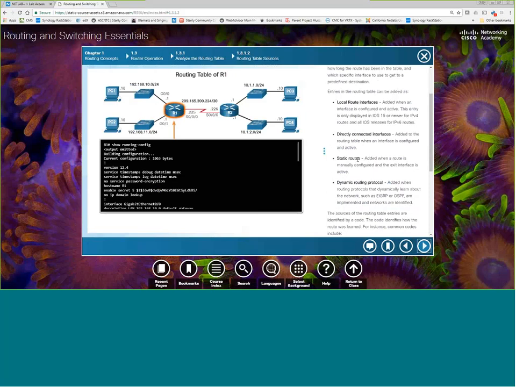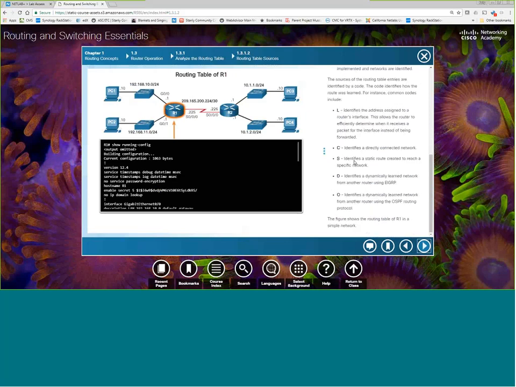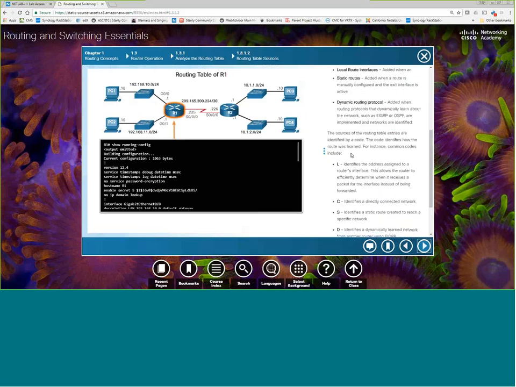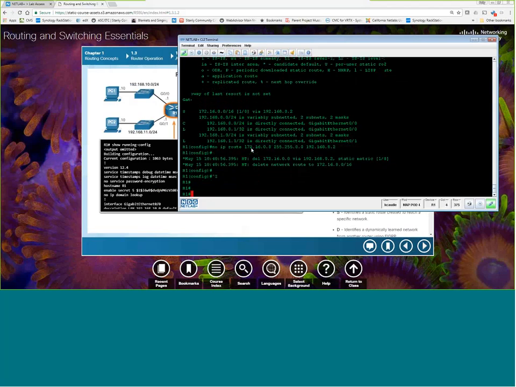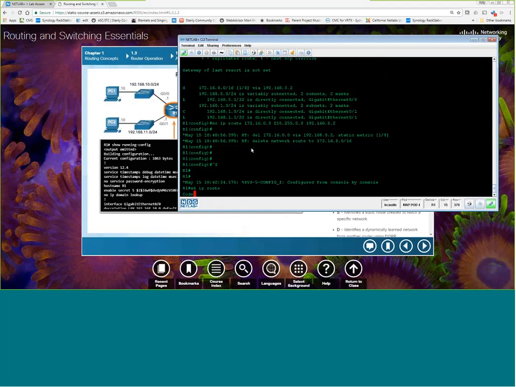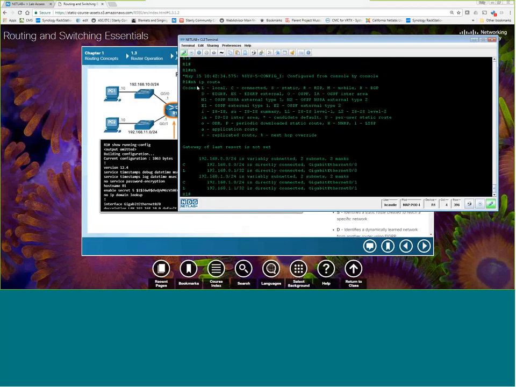Static routes are added when you manually configure a route, and then dynamic routes are added by dynamic routing protocols. And one of the neat things about the route table itself, I do a Control Z here, I do a show IP route, it tells you here what all of them stand for. So L is local, C connected, S static, R RIP, B BGP, D EIGRP.